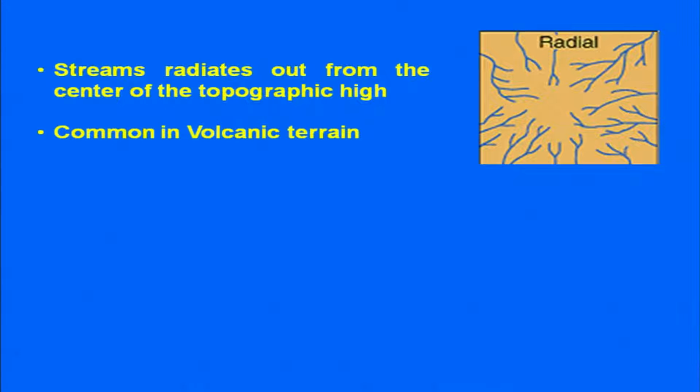So mainly the streams radiate out from the center, so it is a topographic high. The central part will be higher, either in a volcanic cone or domal areas, or even a warped area because of tectonic deformation, which will result in the formation of radial drainage.